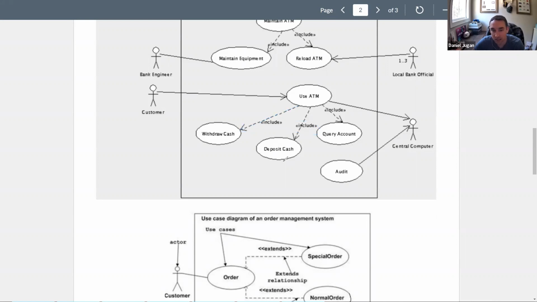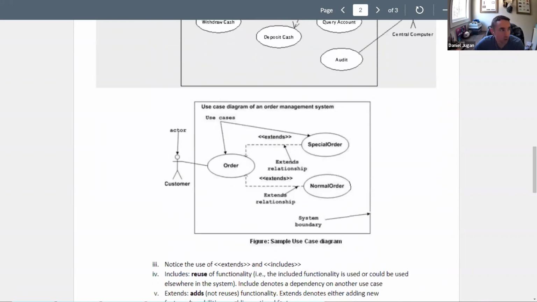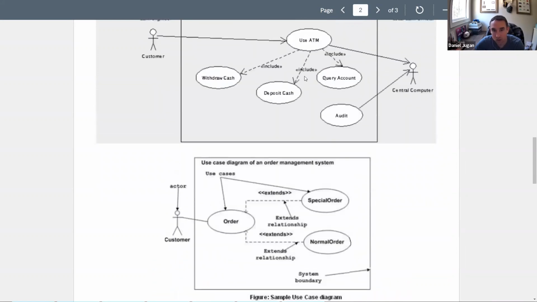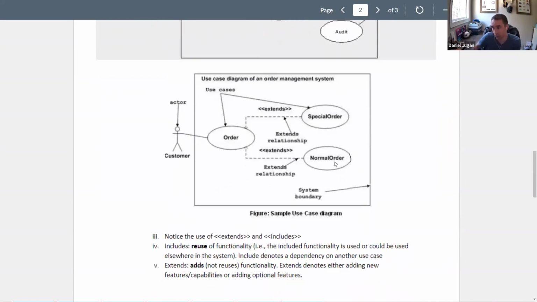And here we see a second type called extends. So you have two different ones. It can either be include or extends, or it could be none of those. It just depends. And those specify a particular type of relationship between use cases.